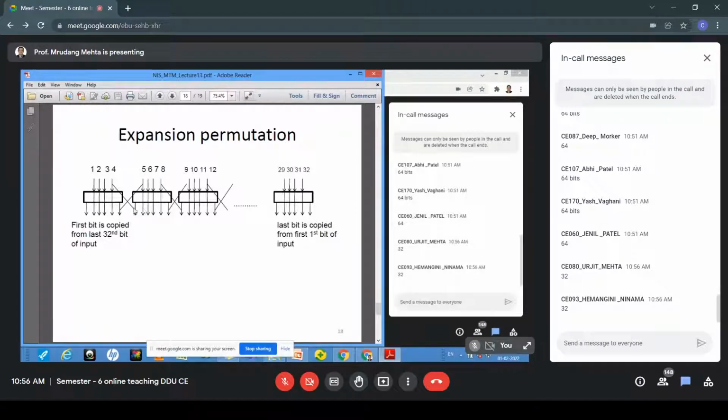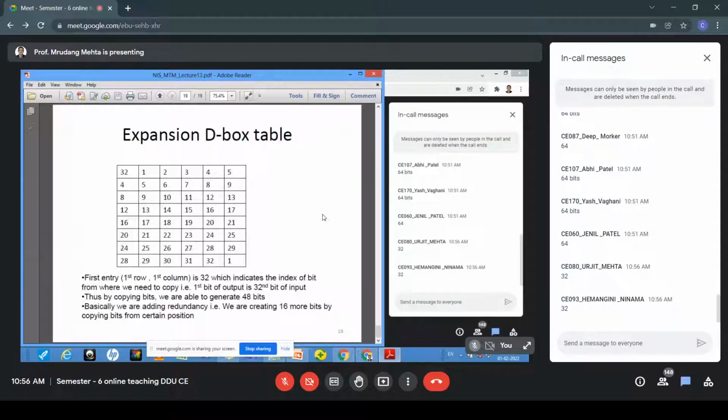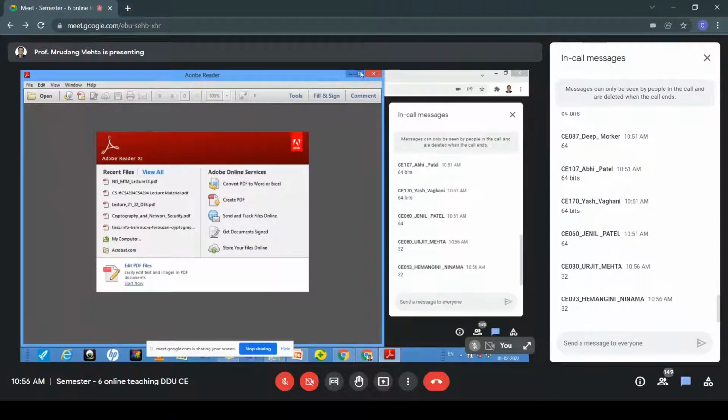And after each block, the last bit comes from the next block, and the first bit comes from the previous block. Right. So this way we are expanding to 48-bit, and this is the expansion P box. I will modify this name. Only the name is an issue. It should be called P box, and this is fixed and given. Okay. So this was the last topic I covered, and we continue from that point.